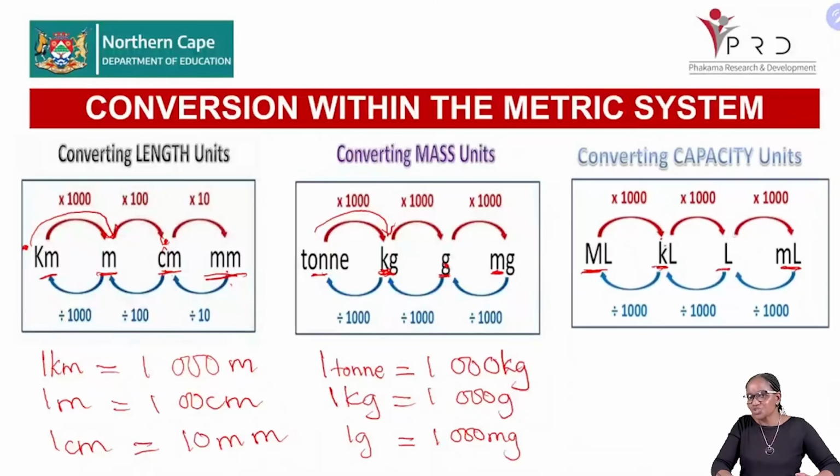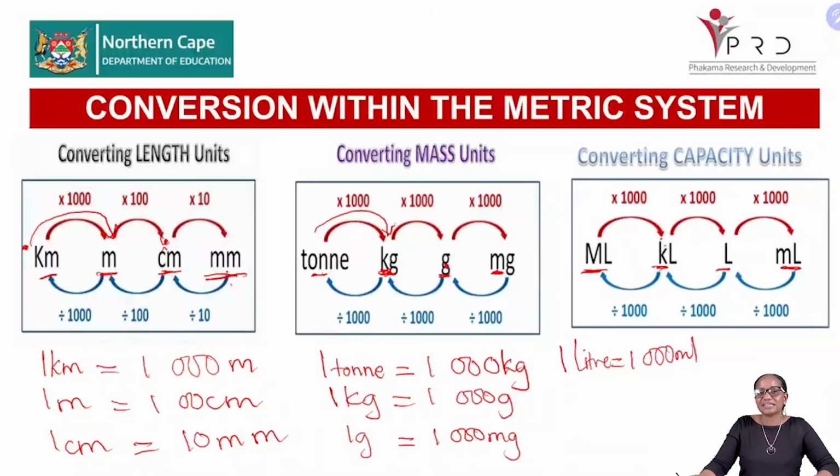From kiloliters to liters, you multiply by 1,000. From liters to milliliters, you multiply by 1,000. So I'll simply do just one, where I say 1 liter is equal to 1,000 milliliters. That is within the metric system.